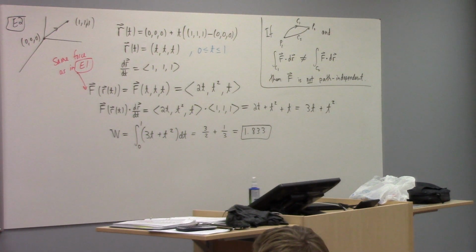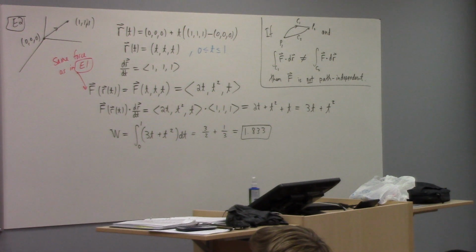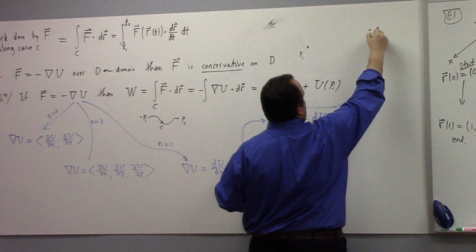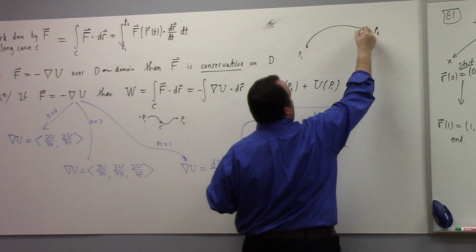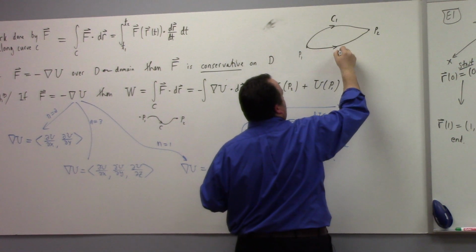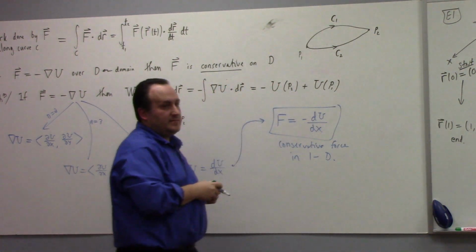So my question to you is, can this force be conservative? Think about this. If the force is conservative, look back over here. See this right here? Think about the point 1. Think about the point 2. You've got two curves, one this way, one that way. They both have the same starting and ending points, right?